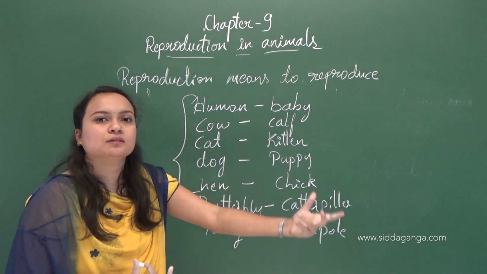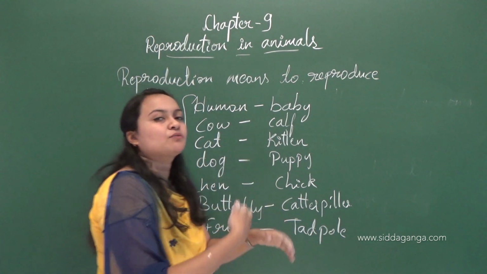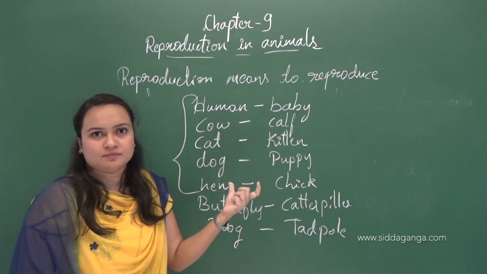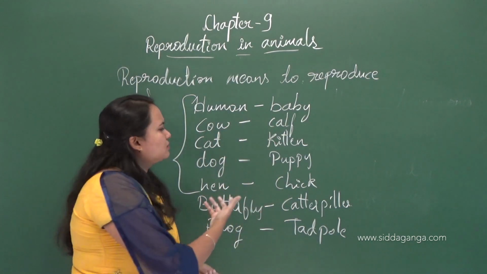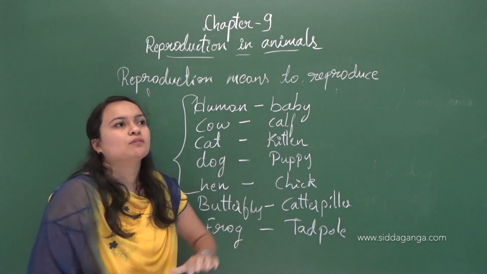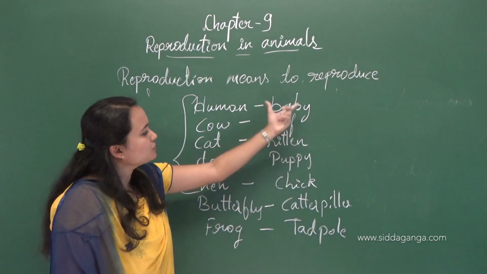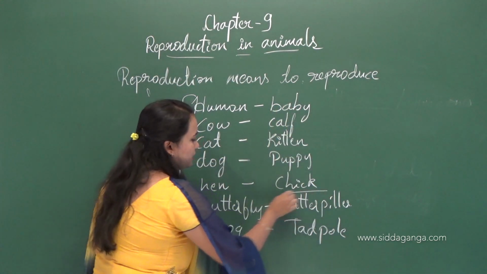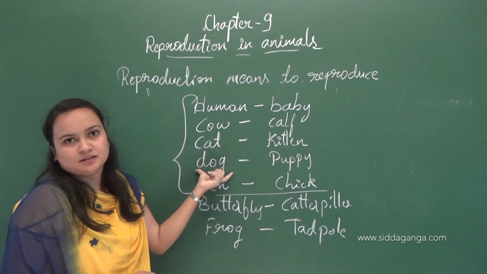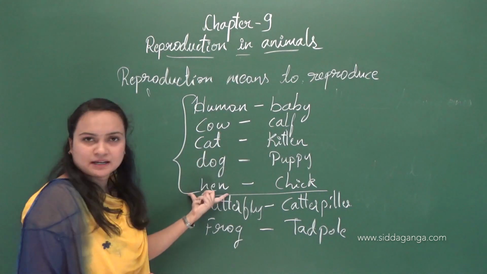If you see the young ones when they are born, they will be similar to the parent, and after 2 to 3 weeks, these young ones will be similar to the parent.